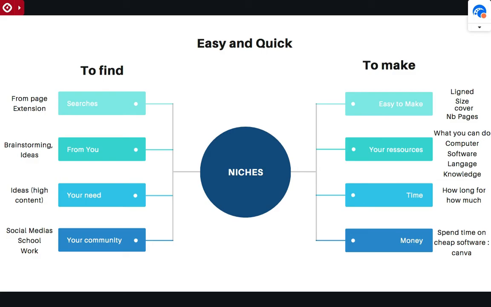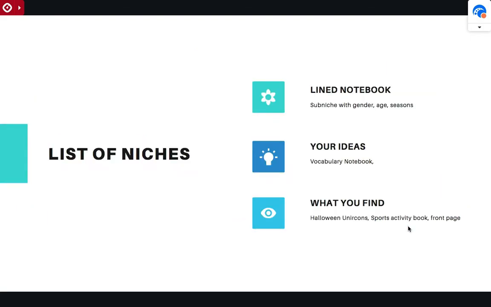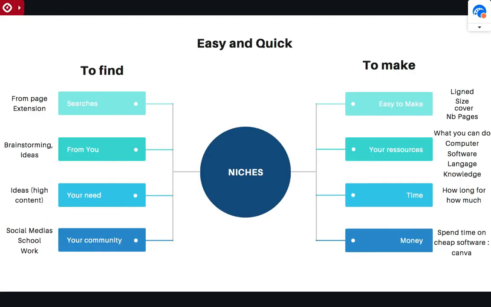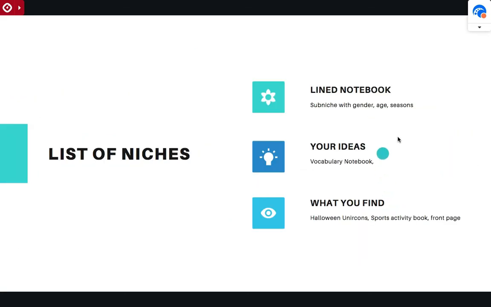You're looking online, you find on Amazon, then you try to find sub-niches. Try to sub-niche with the age, the gender, like for instance, as you saw in my search, notebook for girls, and then you find sub-niches.